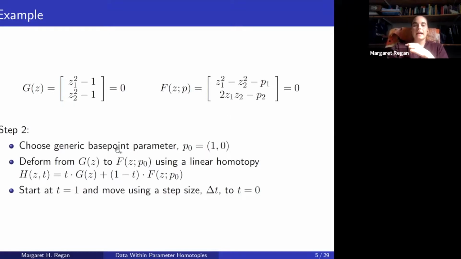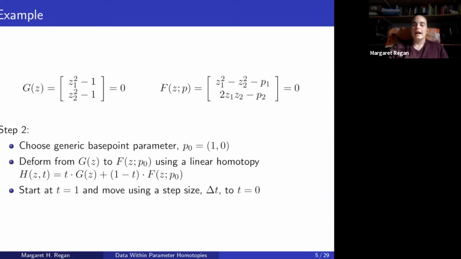And so what we have to do is choose a generic base point parameter, so a P0, that we plug into F of Z at P0. And generic is just, if you choose a random point, we just don't want it to be singular, and so if you choose it randomly, the likelihood of hitting a singular point for that system is low.